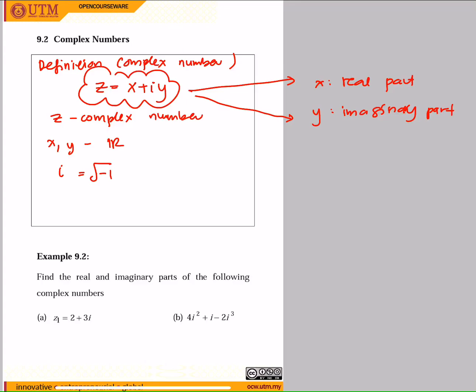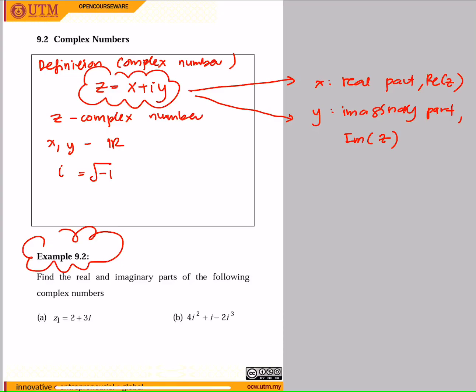Sometimes people like to write it as real of Z, which is X, and imaginary of Z, which is Y.